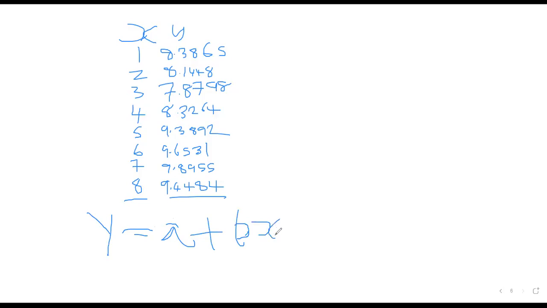So what is important is for you to understand the concept. Here is giving us our line, 7.68, then plus the beta is giving us 0.27.